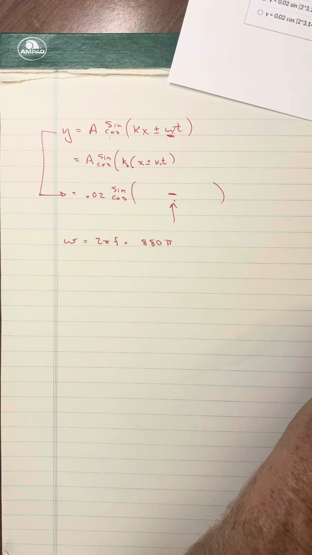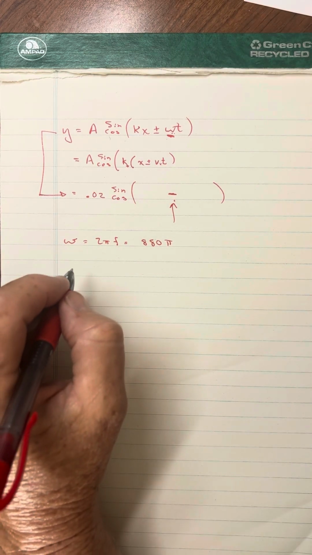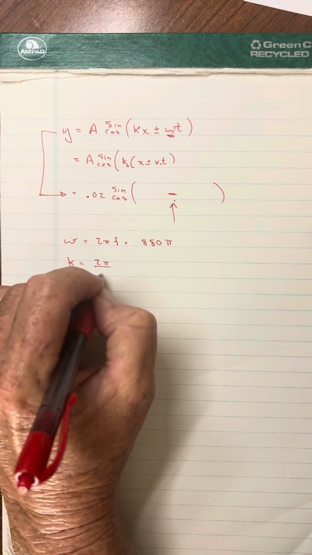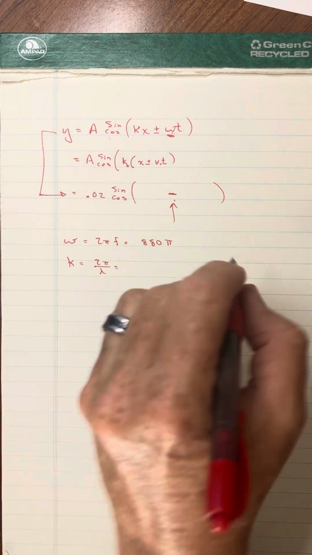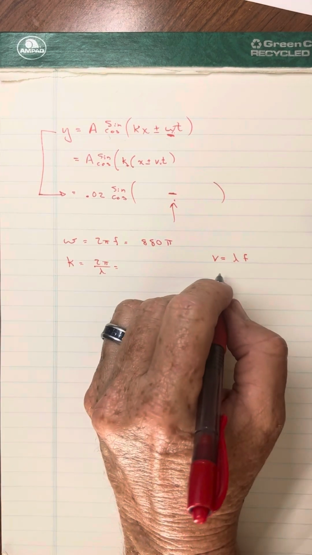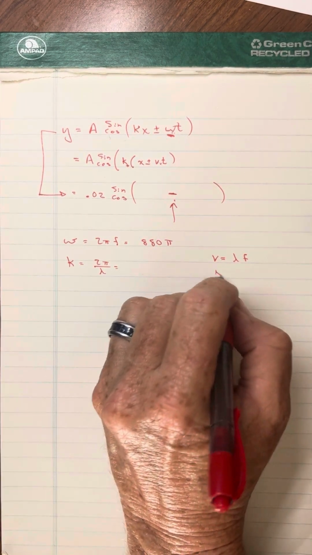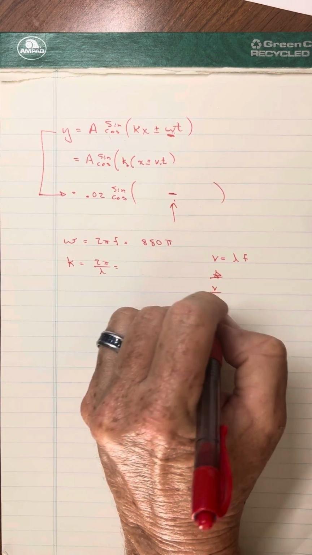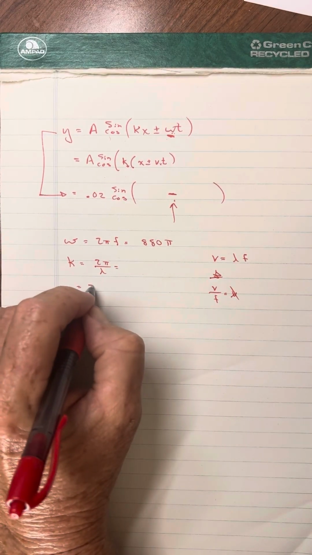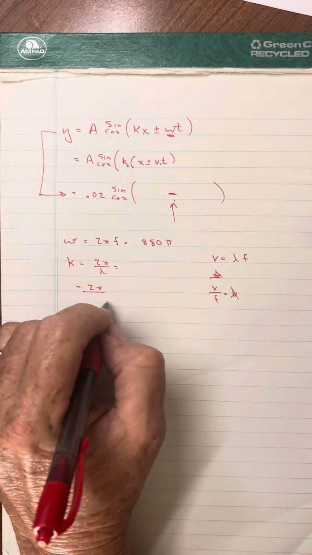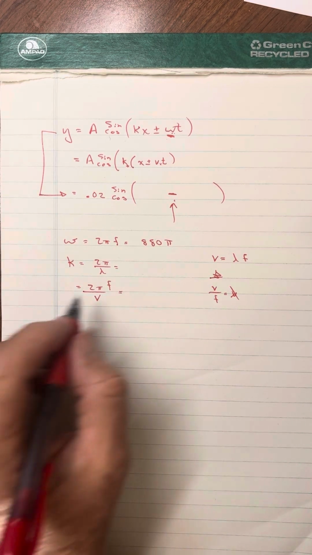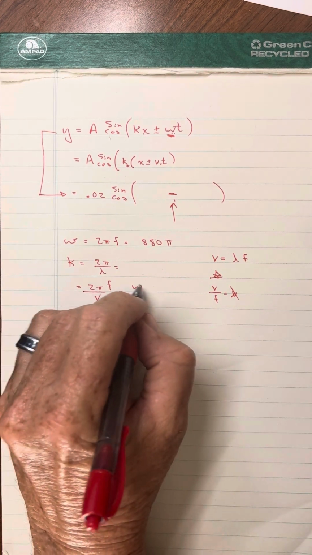However, it might be nice to also point out that k is 2 pi over lambda. And if you remember, velocity is lambda times frequency. So if I rearrange this for lambda, v over f is my lambda, I can write this as 2 pi, and in place of lambda, I could put v, and I'll flip over f. Because this is that omega again.